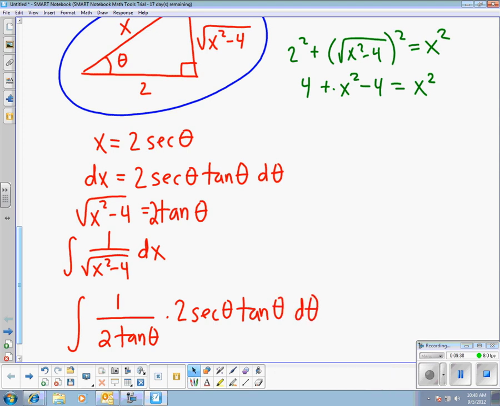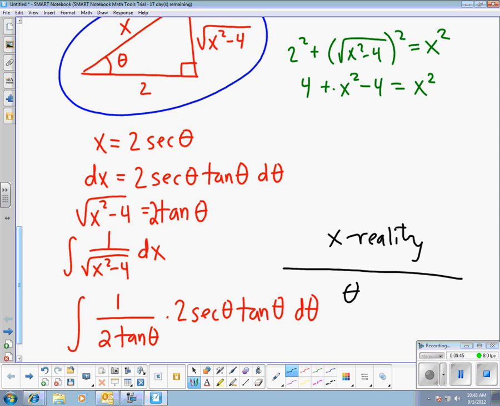At this point in the process, I have changed realities from x to theta. The reason I did is because this new integral that I'm working with is something I can solve, and the original one that I started with I could not solve.